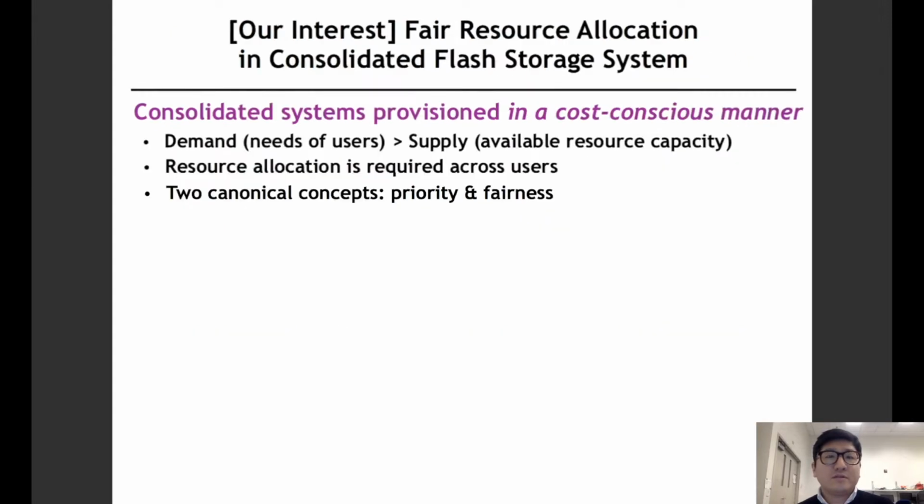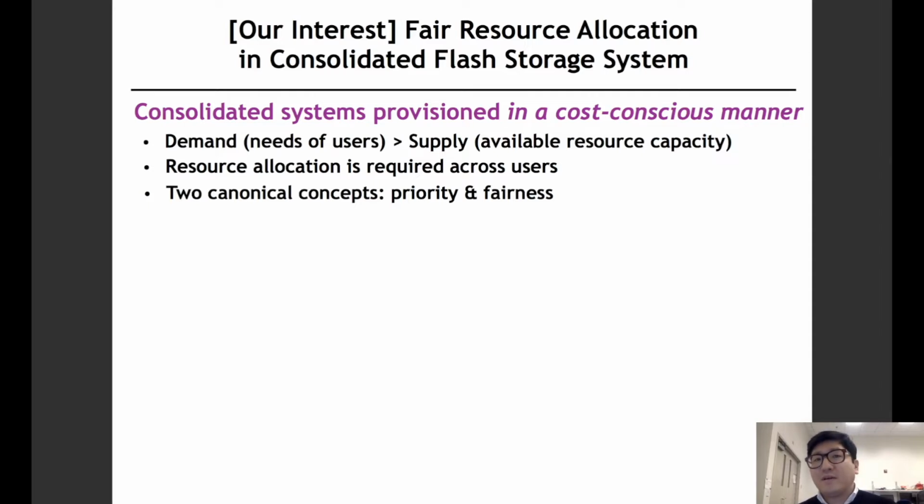Let us consider a consolidated system that is provisioned in a cost-conscious manner. In general, in such a system, demand is higher than supply. That is, needs of users exceed available resource capacity. So any form of resource allocation is required. For resource allocation, there are two canonical concepts, priority and fairness.